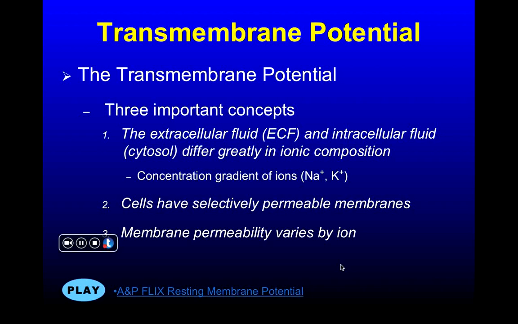What is the electrical and chemical environment of a cell that makes it able to respond to changes? That's our goal here. We're going to define what the transmembrane potential is. That's going to take some time. So remember, this is not something you will find in Chapter 10.